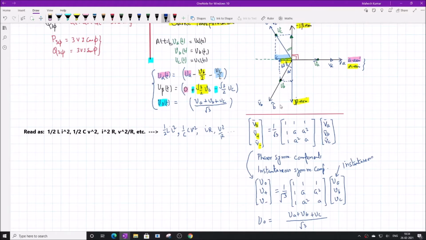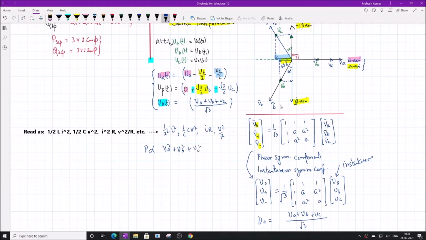So the point is that the energy of the signal, whether current, voltage, displacement, anything, is proportional to the square of the signal. Therefore, the power is proportional to the square of the signal. In the ABC frame, it will be BA square plus BB square plus BC square.